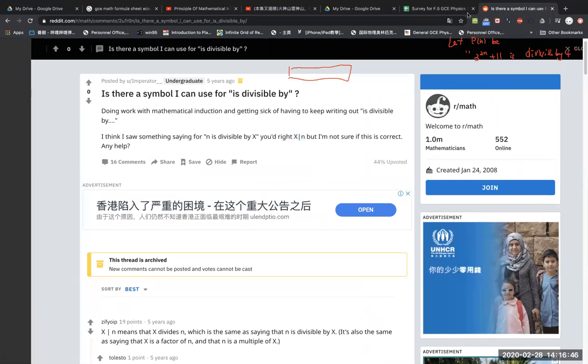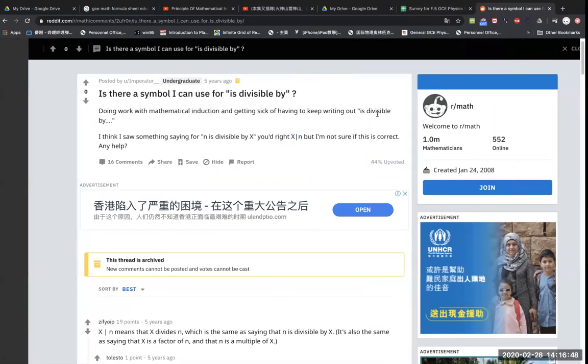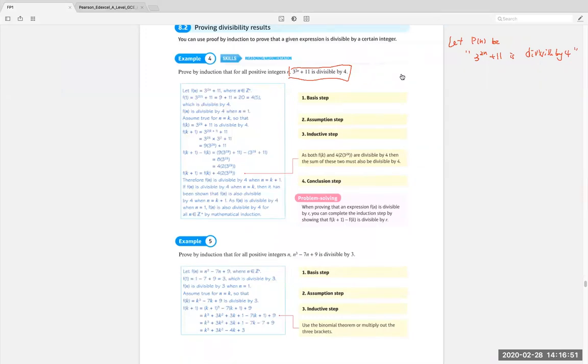You can use this symbol, but I'd rather you not use it because it's quite confusing. For 4 divides this expression, the symbol will look like this. And the major reason I ask you not to write this symbol is that the marker may not recognize it.